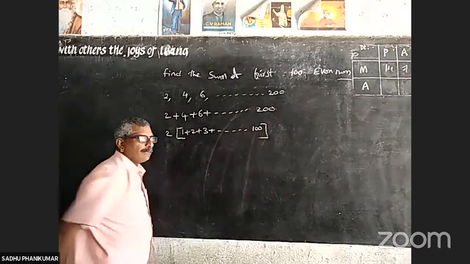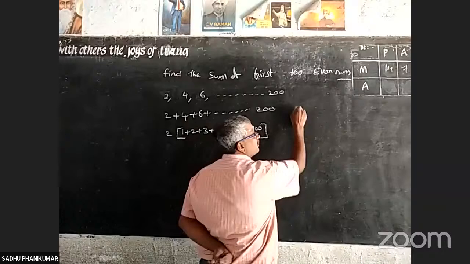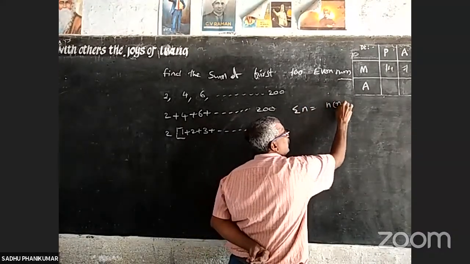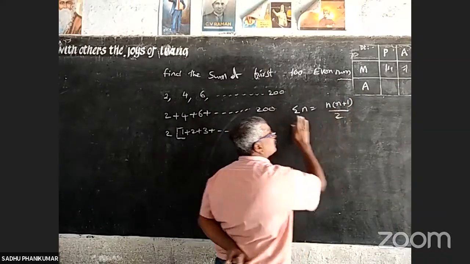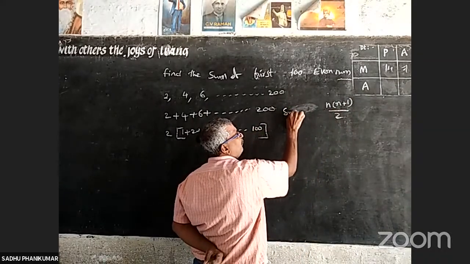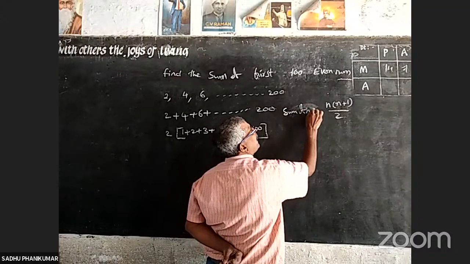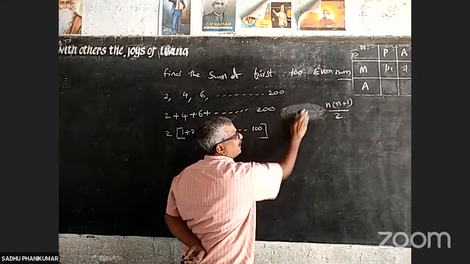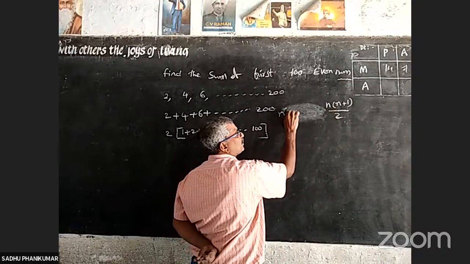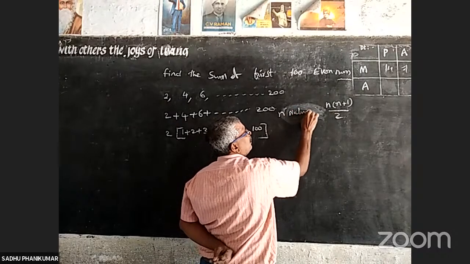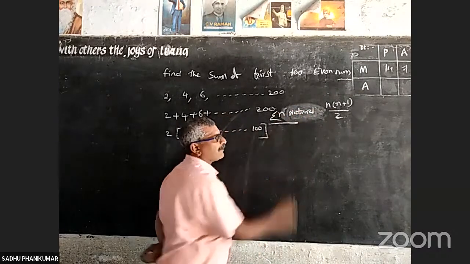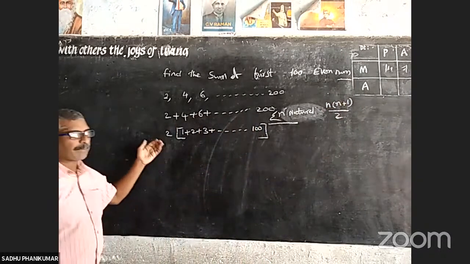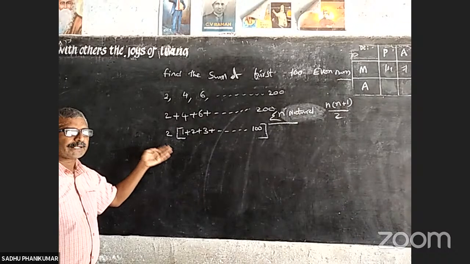We have a principle: the sum of the first n natural numbers is equal to n into n plus 1 by 2. By simply multiplying the answer with 2, you will get that answer.